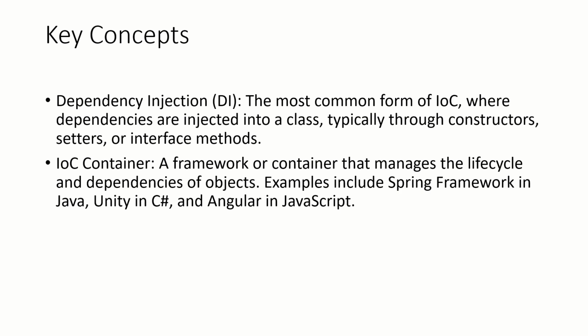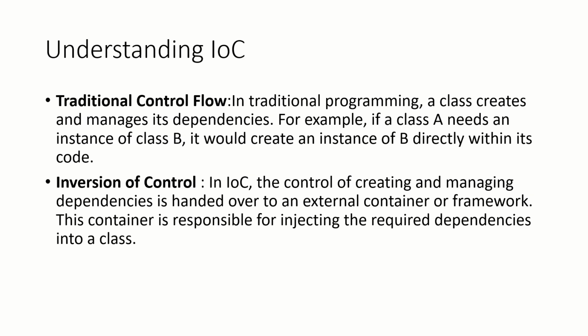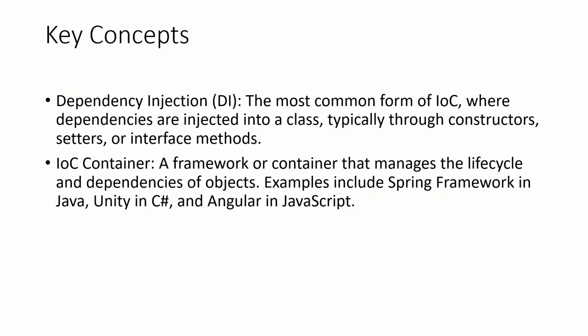The previous traditional way was to create the object of the dependency that you need within the particular class itself. But now there are ways to inject the dependency, which are listed here: typically we can inject the dependency through constructor, setter, or interface methods. Okay, here we are going to see how we can inject the dependency through constructor.